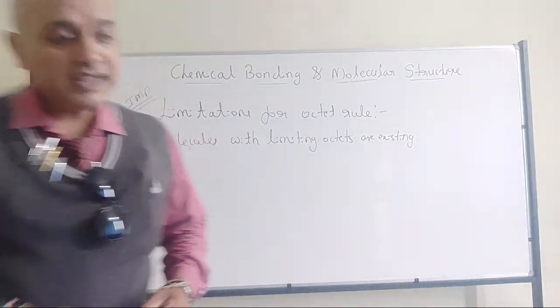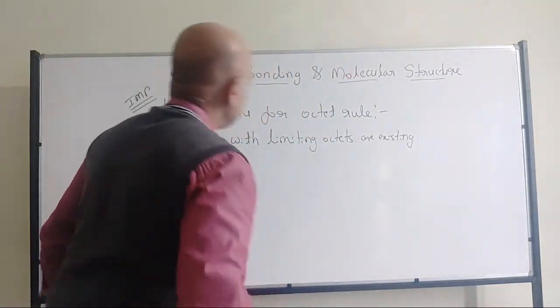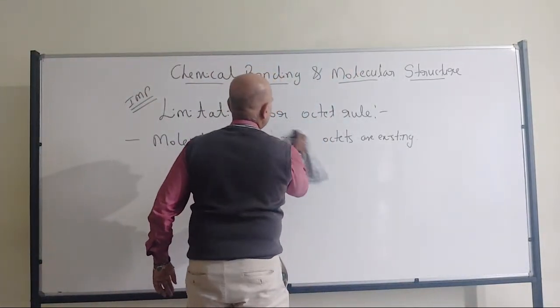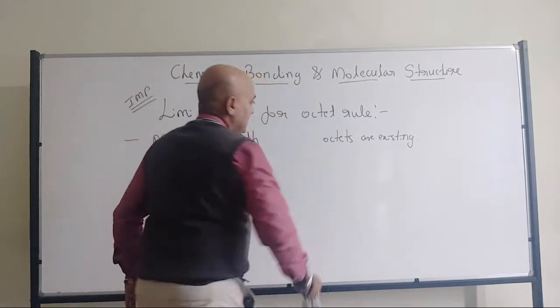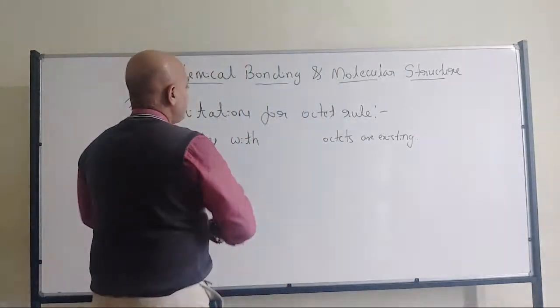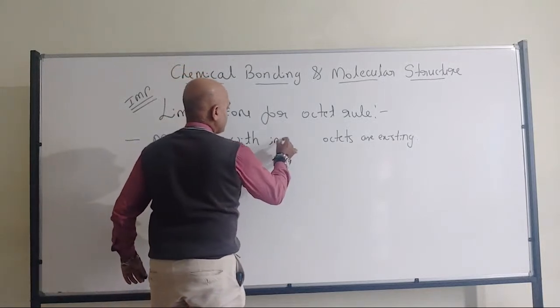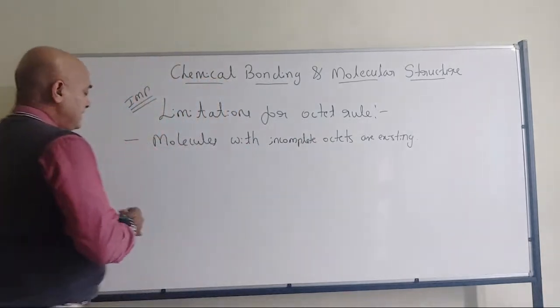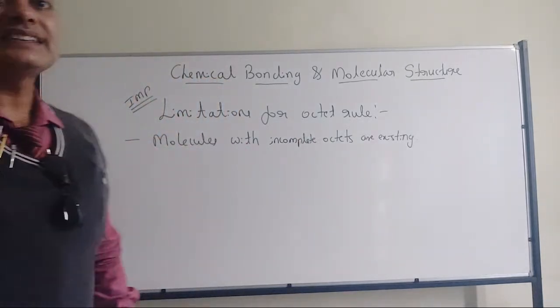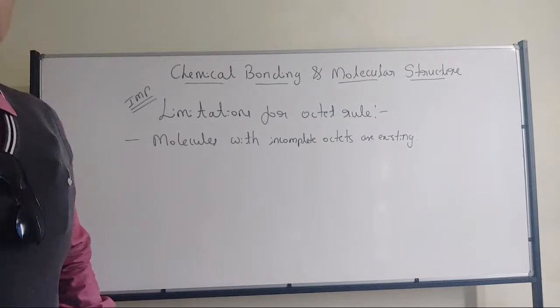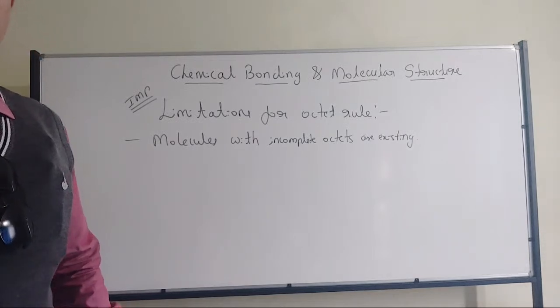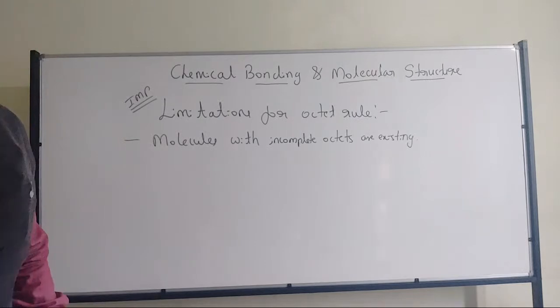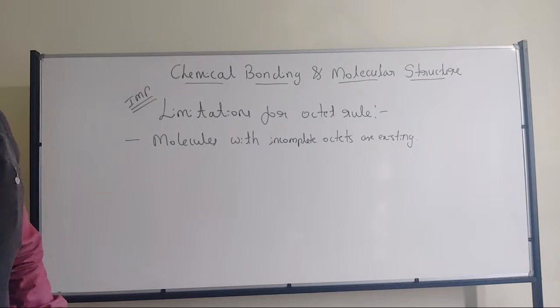So what do you mean by incomplete octets? Incomplete means they have not reached 8 electrons, but still the molecules are existing.